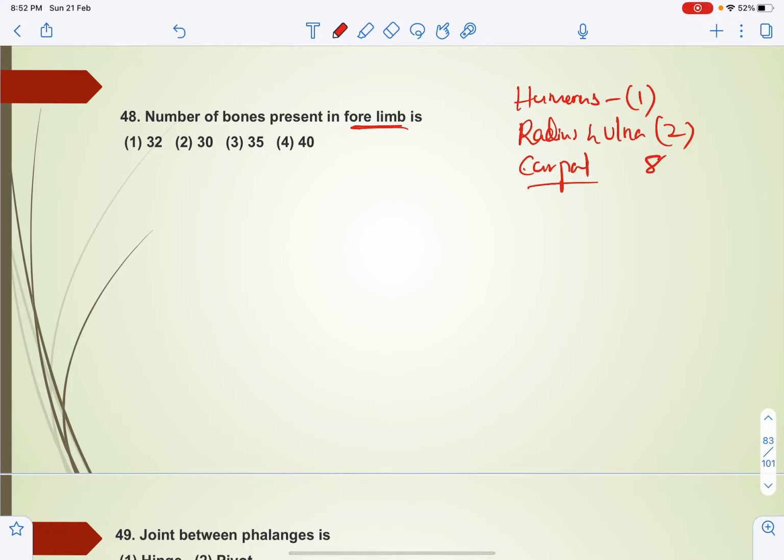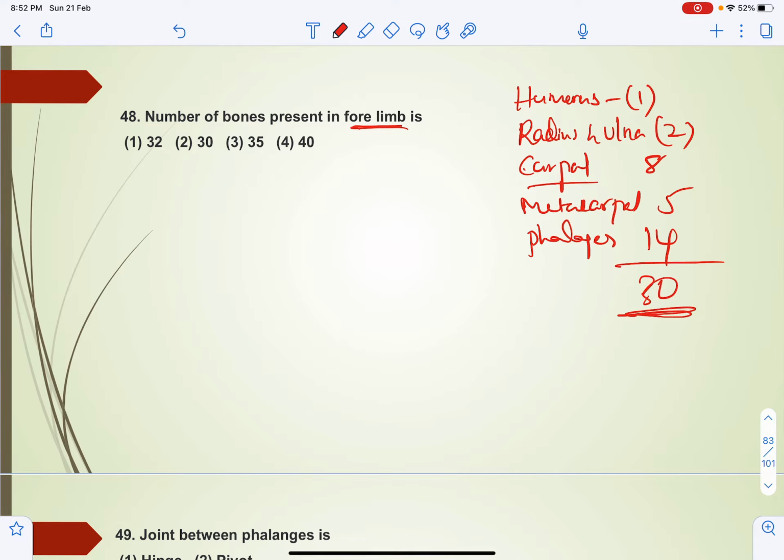I already discussed this with the diagram. We can recollect carpals and metacarpals, 5 bones, and phalanges which form the digits, 14. So totally we can say that 30 bones will be there. So 30 bones are present in the forelimb.